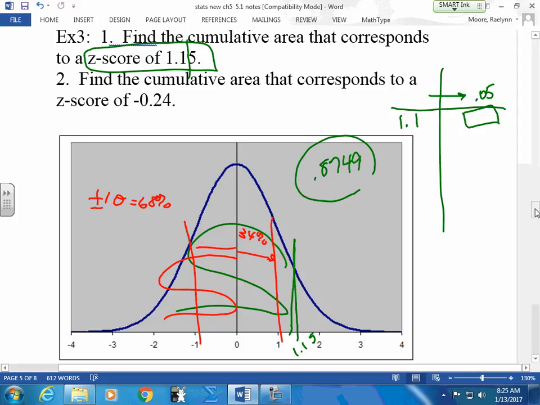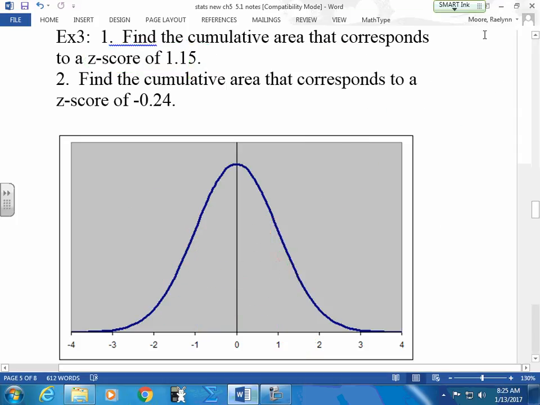Okay, so where would I find a z-score of negative 0.24? Between what two z-score values? Did I say negative 2.24? Sorry about that. Negative 0.24. Between 0 and negative 1.